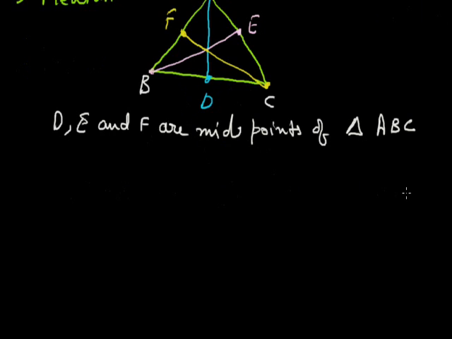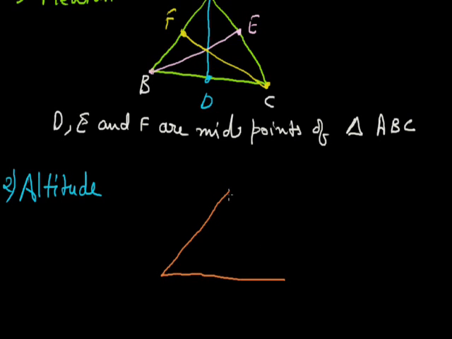Next is altitude, or the height. Now the altitude of a triangle is the line segment perpendicular to one side and which is drawn from the opposite vertex.